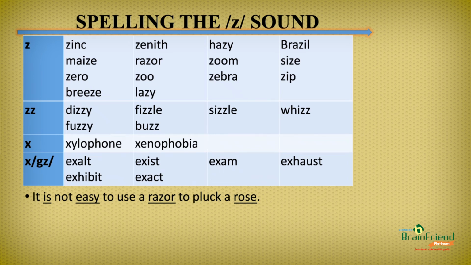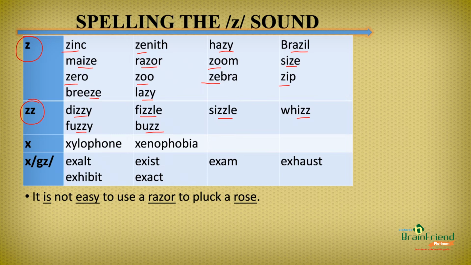The Z sound is also spelled as the letter Z in words like zinc, maize, zero, breeze, zenith, razor, zoo, lazy, hazy, zoom, zebra, Brazil, size, and zip. It is also spelled as the double letter Z as in dizzy, fuzzy, fizzle, buzz, sizzle, and whiz.